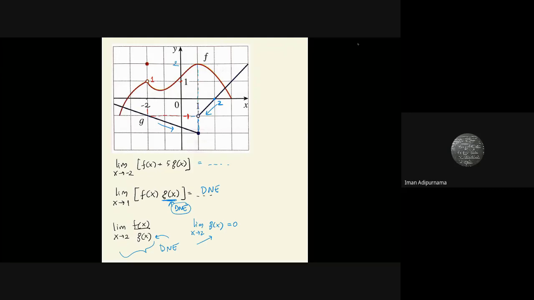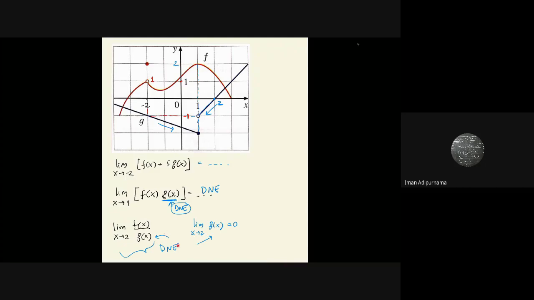If you approach 1, it has this part and this part, right? If you approach 1 from here, the g will not exist, right? Because this doesn't exist, both f and g don't exist.